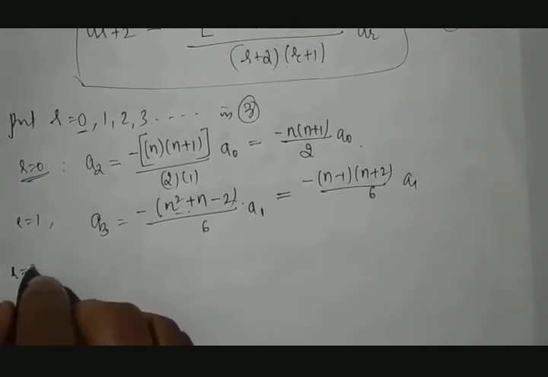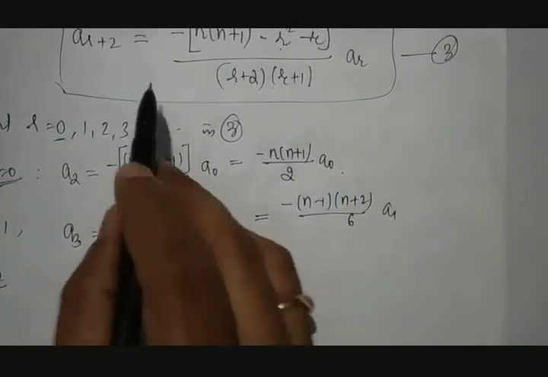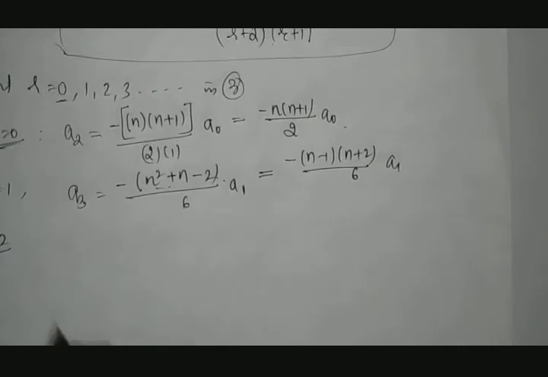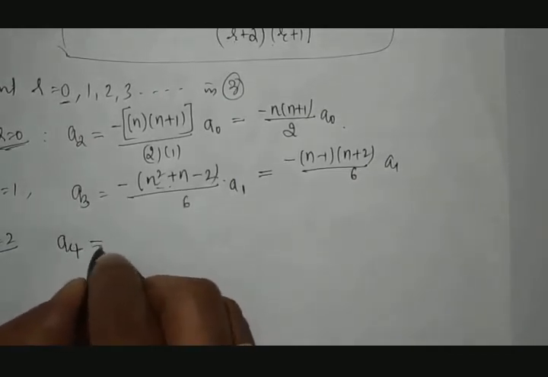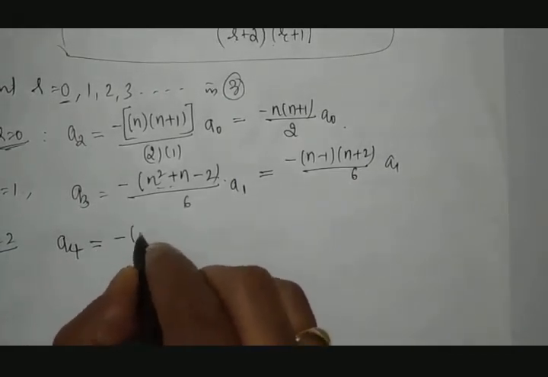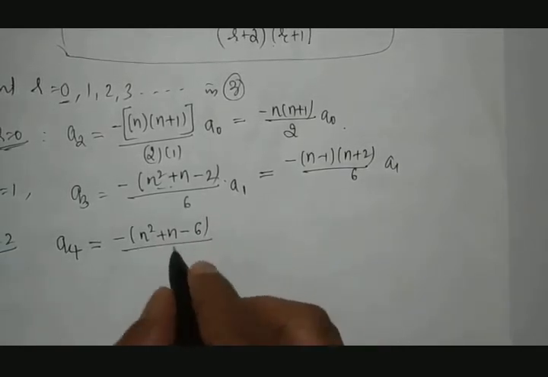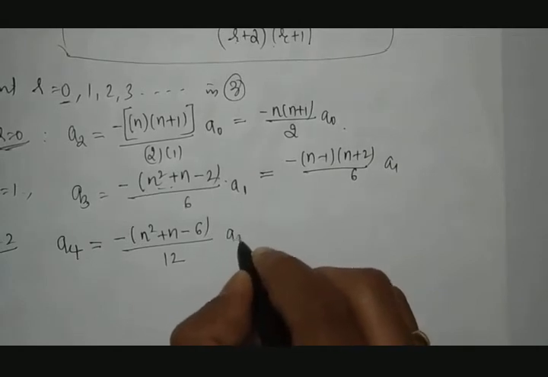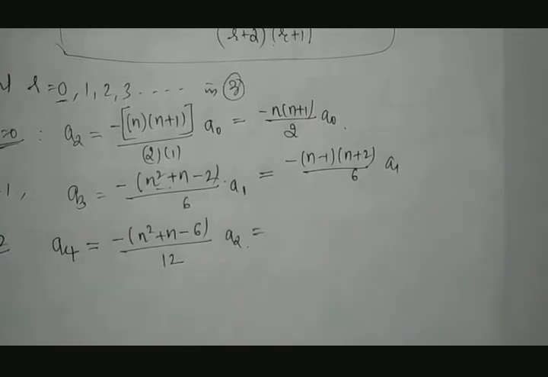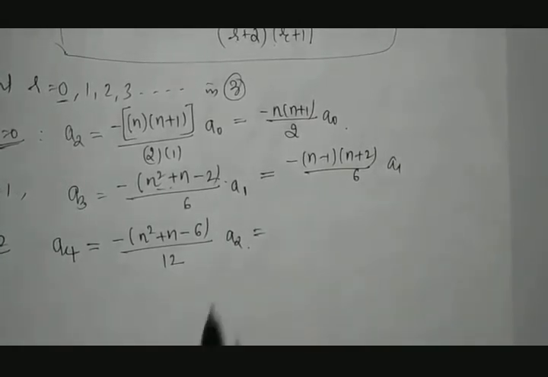Similarly, put r is equal to 2. If you put r is equal to 2, then 2 plus 2 will be 4. So it becomes A4. A4 is equal to minus n square plus n minus 6 divided by 12 into A2, how we got this?